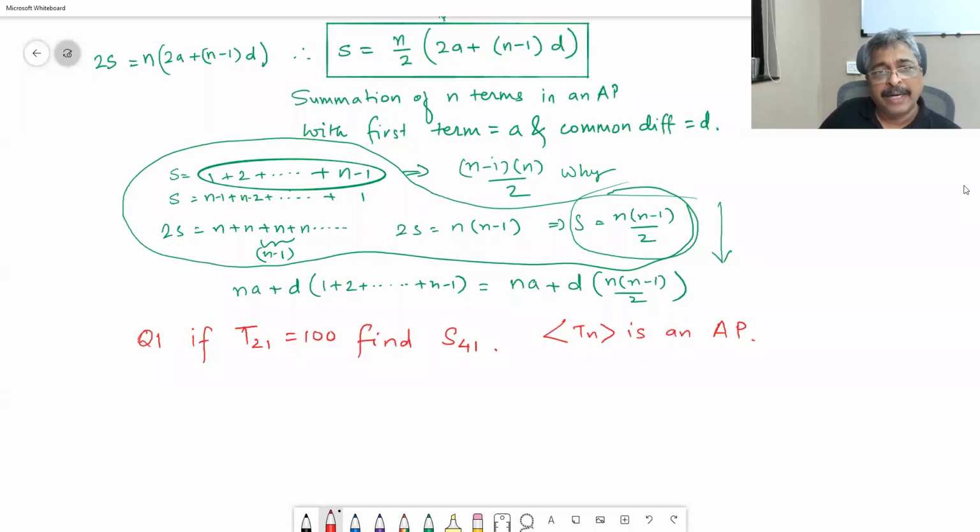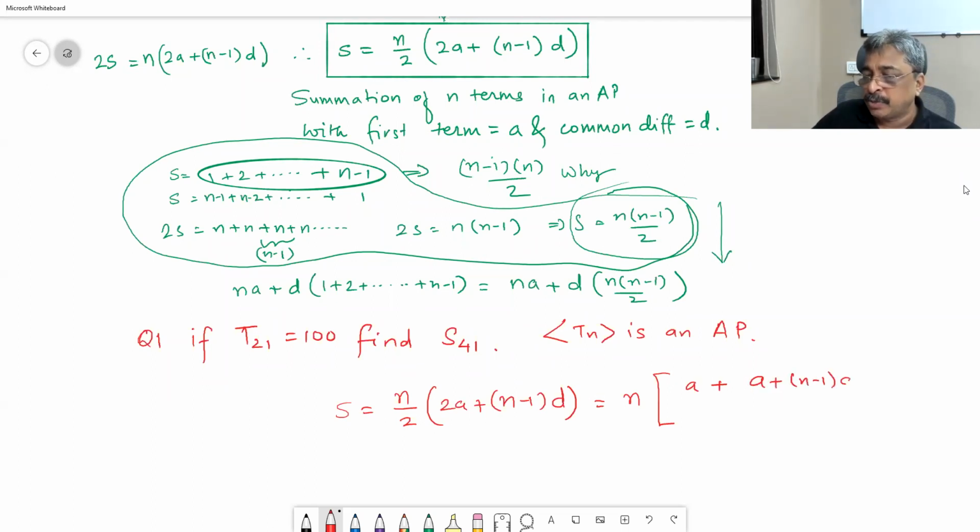Let us look at that formula. S is equal to n by 2 into 2a plus n minus 1 times d. Can I write it like this? N into a plus n minus 1 times d upon 2.